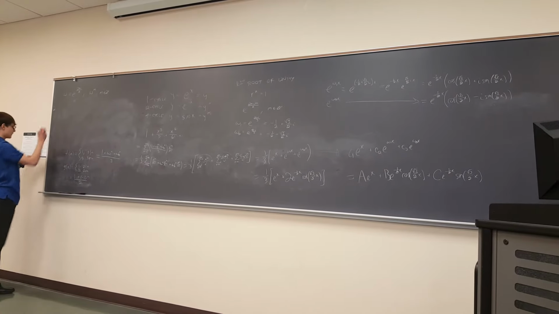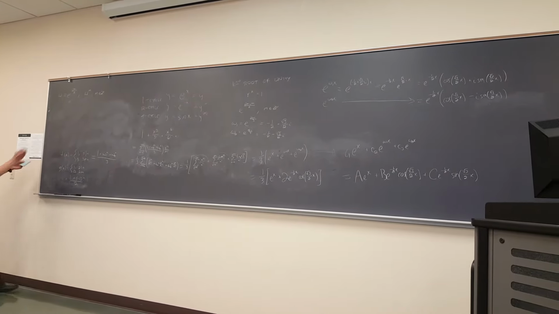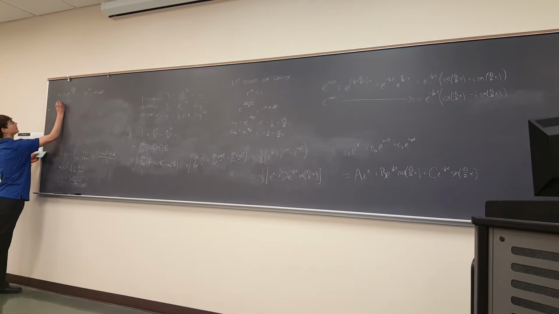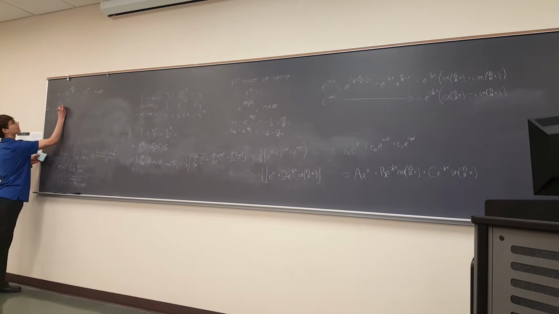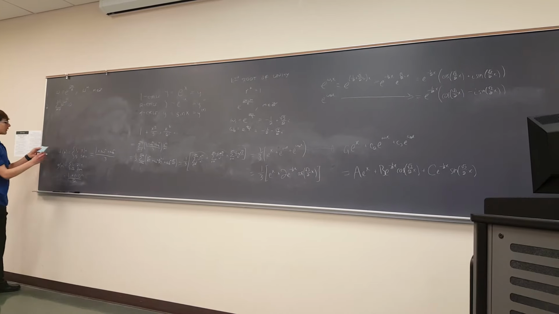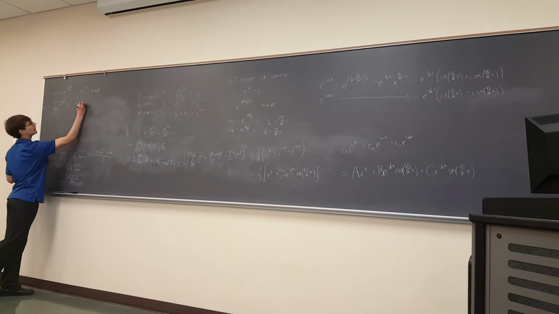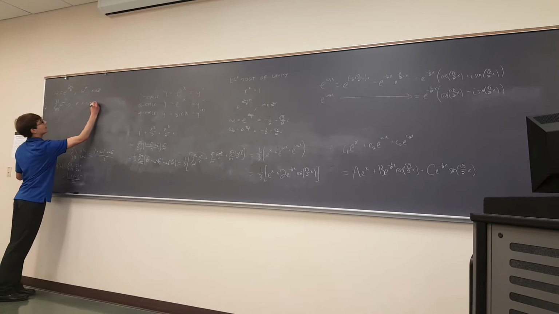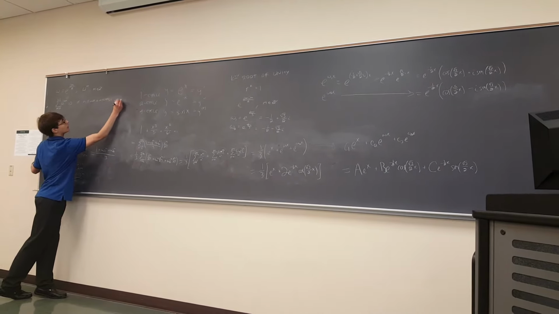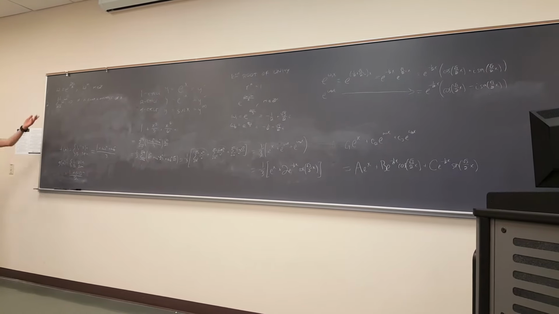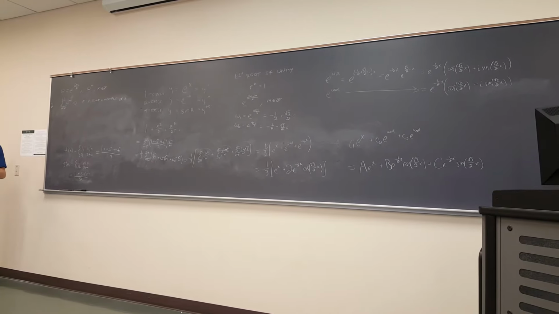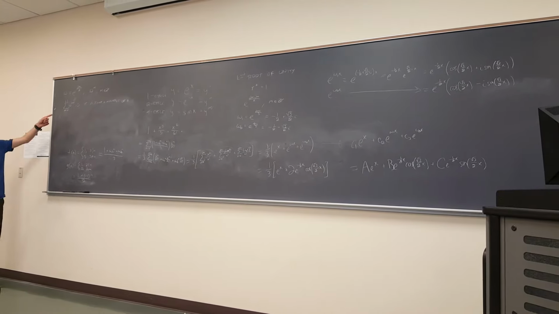And the second property is that if you take the sum from m equals 0 to k minus 1 of omega to the mn, this equals 0 if n is not a multiple of k. Because if n was a multiple of k, then all of the omegas would just turn into 1, and that's the kth root of unity thing. And then the sum would actually evaluate to k.